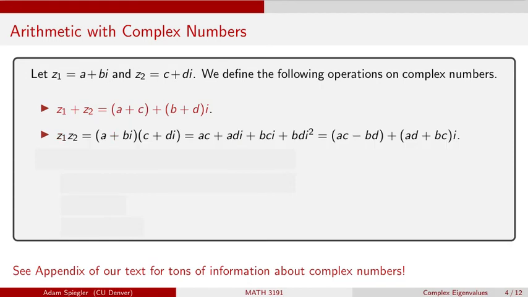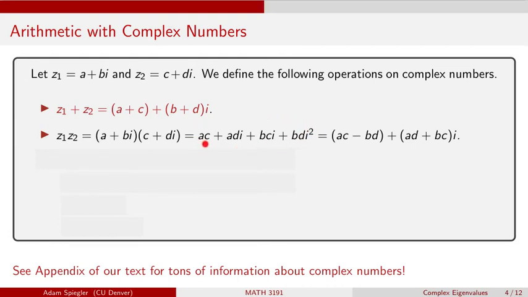With multiplication, we would take z1 times z2, and we can distribute this product out as we would other similar looking products. So I have a times c plus adi. And then I have cbi plus bdi squared. And i squared, recall, is equal to minus 1. So I can then group all of these terms by the real parts and the imaginary parts.